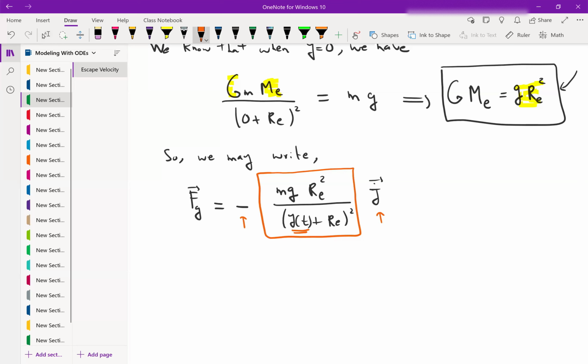So according to Newton's second law of motion, we have mass times acceleration of the rocket, of that body that we projected away from the surface of the Earth, is equal to the total force applied to the body.